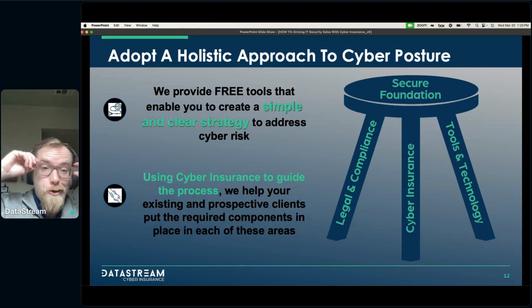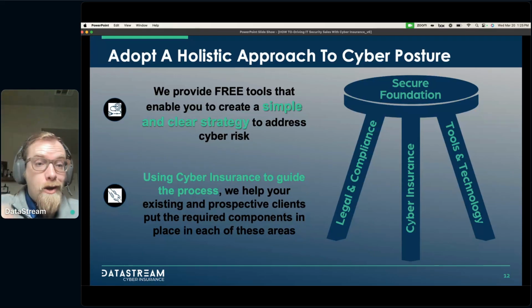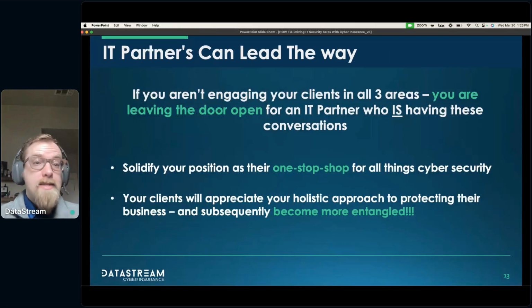And for a while, that insurance leg hasn't necessarily been playing super well with the other legs. And that's where we come in, and why we developed the tools we did, to hopefully help you develop this more holistic approach to your customers, and incorporate all three legs into a strategy that makes sense to both you and the customer.